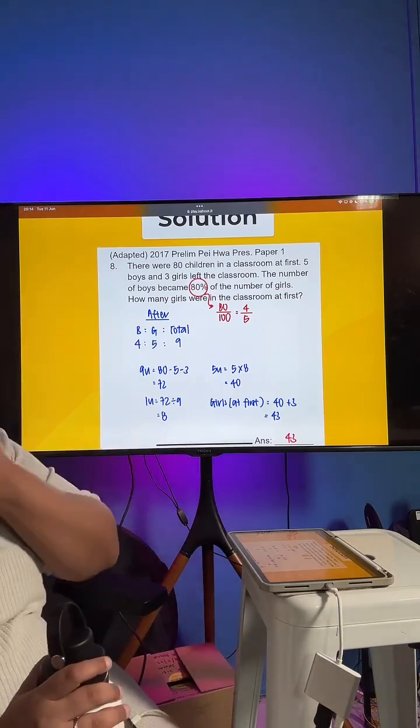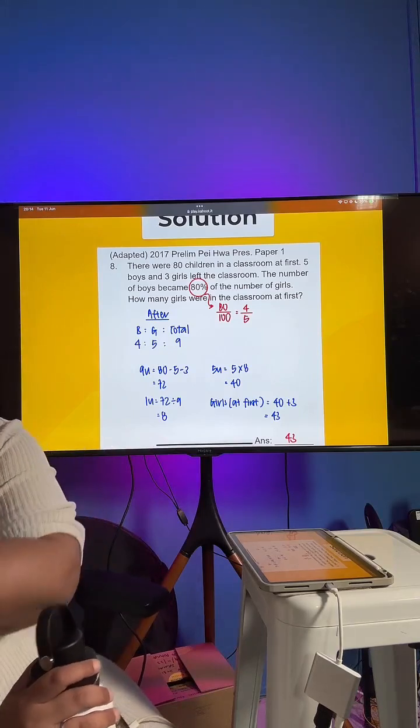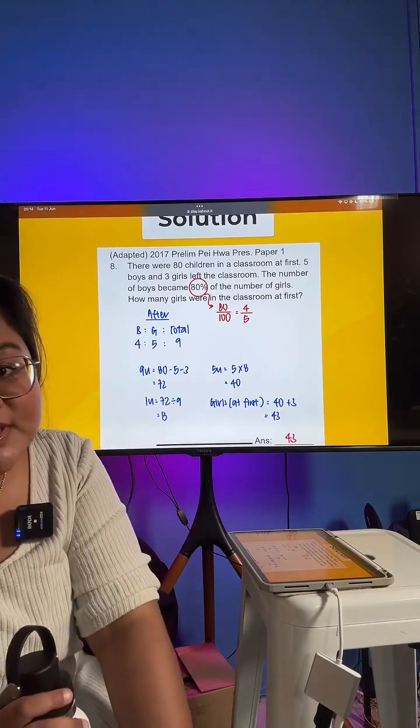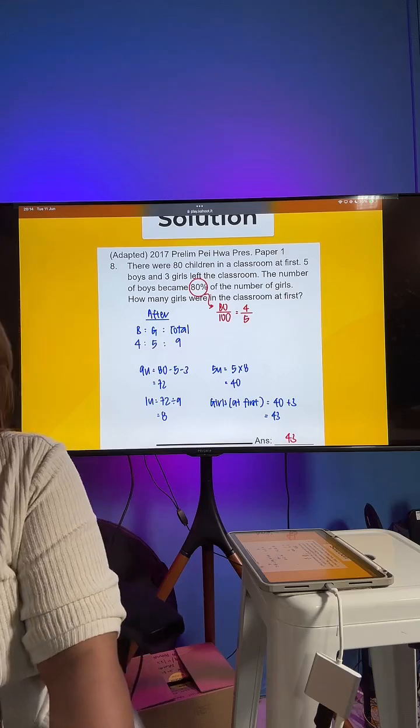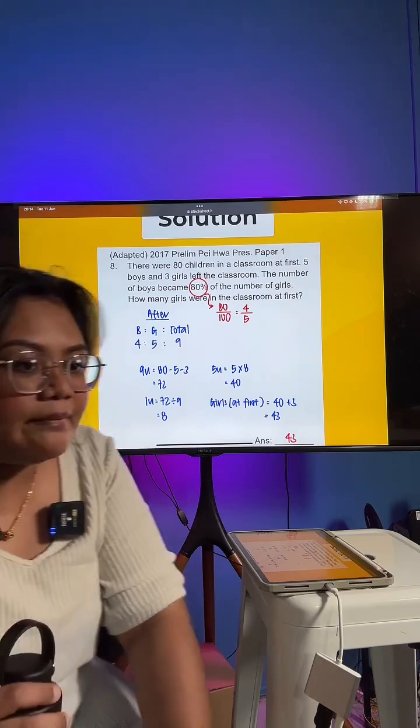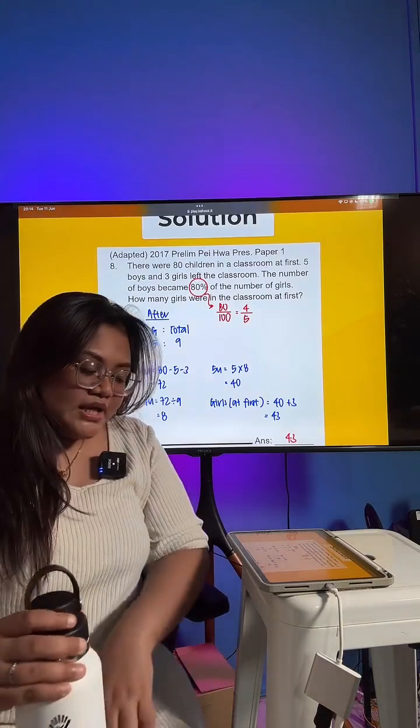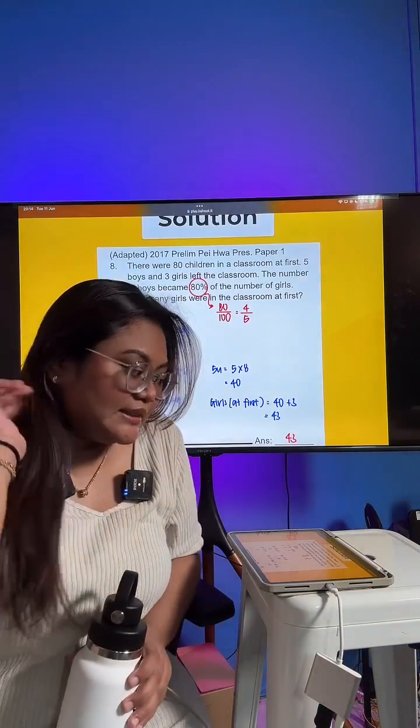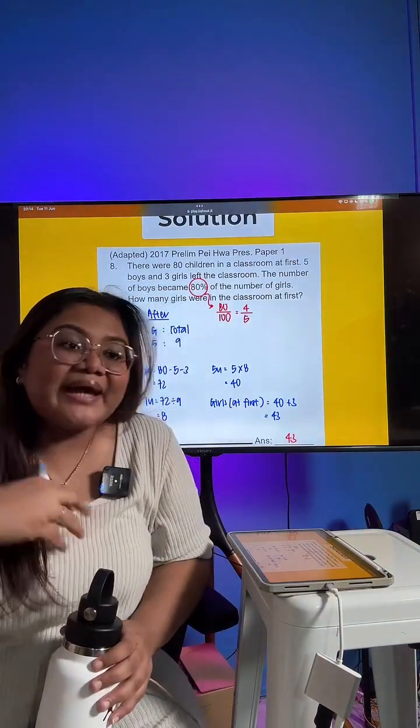Everybody clear? If you are clear, there may be other ways to solve this, no issues. But let me give you a tip here, friends. This is a personal tip of what I like to do.